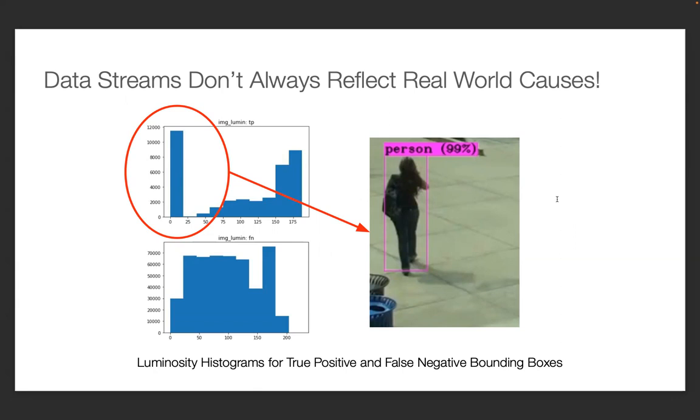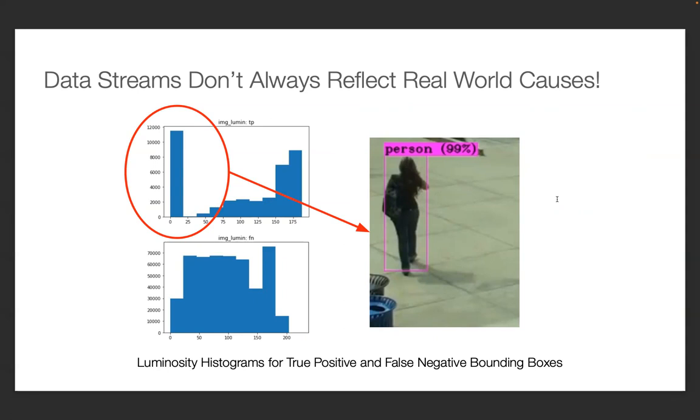For example, we would think that the luminosity of a bounding box would do a pretty good job of capturing how dark that scene is. But if we actually make a histogram of a data set for specifically analyzing the luminosity feature, we will see that a lot of times the bounding box is correctly analyzing features with very low luminosity.